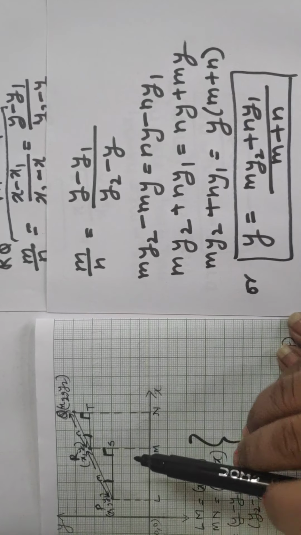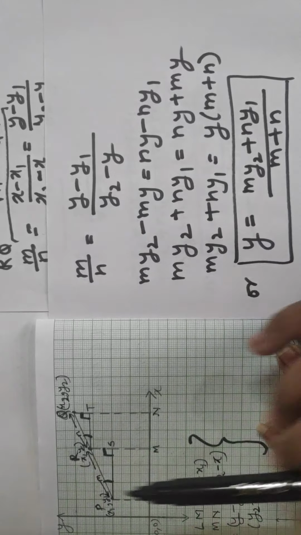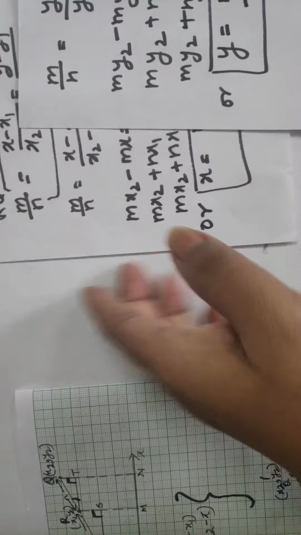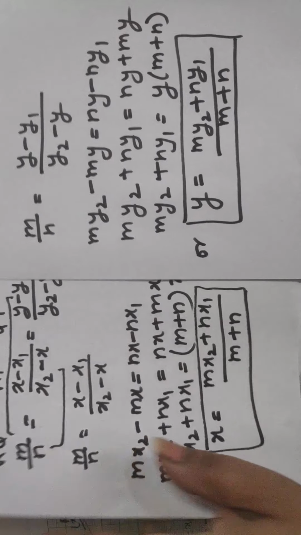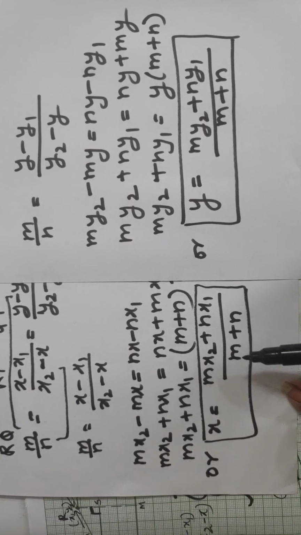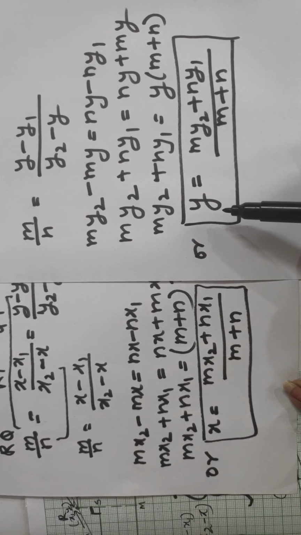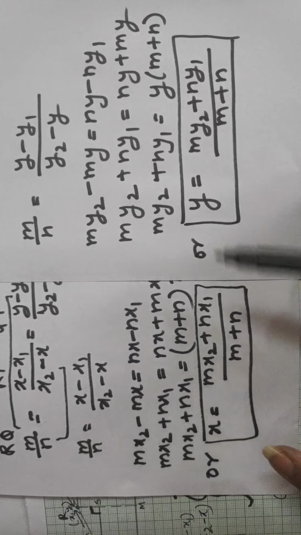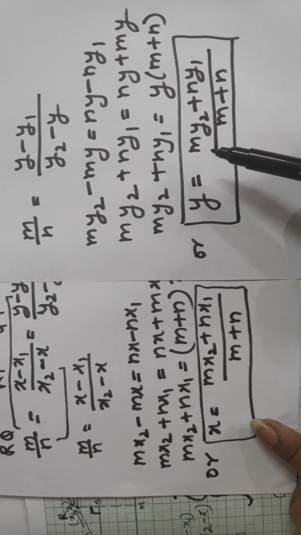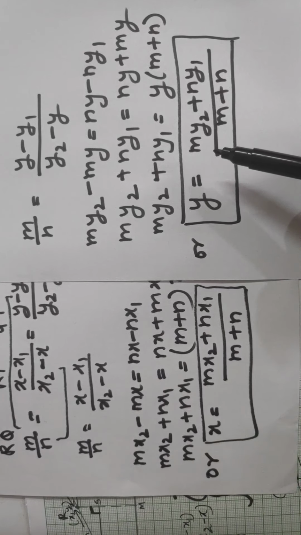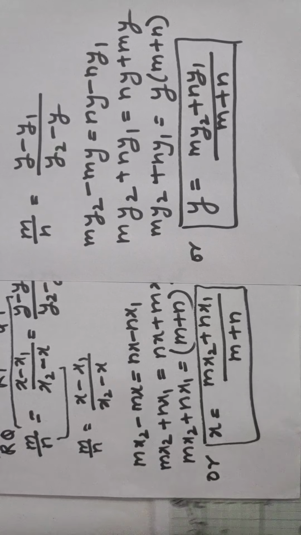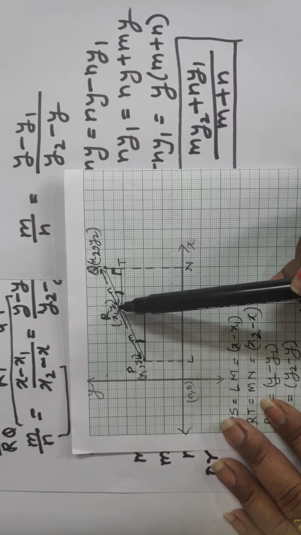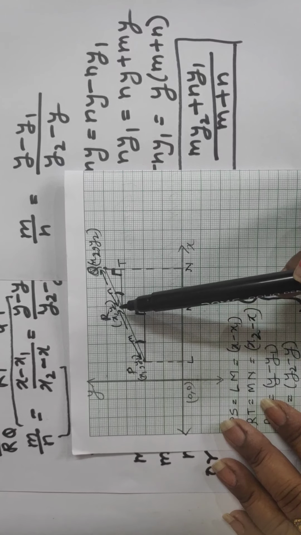So when we need to find out the value of x or y, we can use this. Here this is the value of x and this is the value of y when we need to find out the coordinates, either when the coordinates are given to us or the ratio is given to us. So this is the formula when the point divides the line internally.